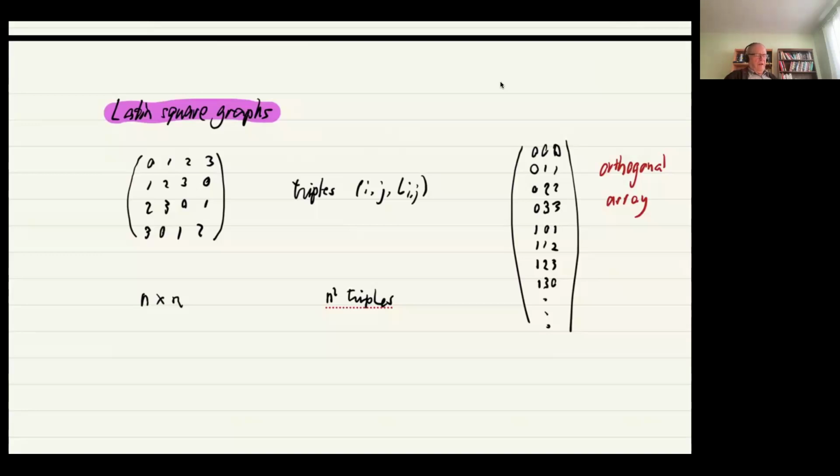The other thing is, we're getting a big class of graphs. Now, I claim a number of things. First thing is I claim that the graph I'm constructing is regular.